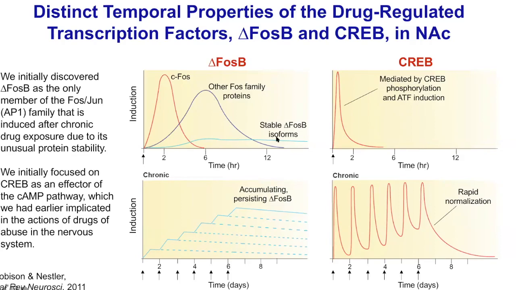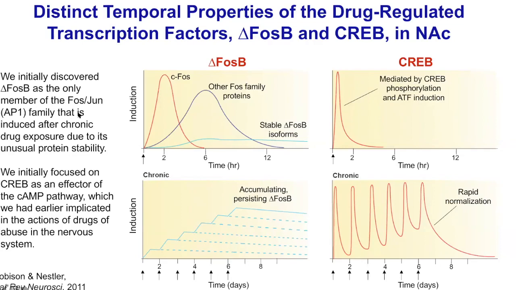And the unique thing about deltaFosB is that it can be stabilized through phosphorylation and other mechanisms, so that in response to repeated drug exposure, this small amount of deltaFosB, quite a minor contribution acutely, begins to build, and after chronic drug exposure becomes the predominant Fos-like transcription factor in the brain, in nucleus accumbens in particular. So the family of proteins encompassed by Fos and its Jun partners are called AP1.